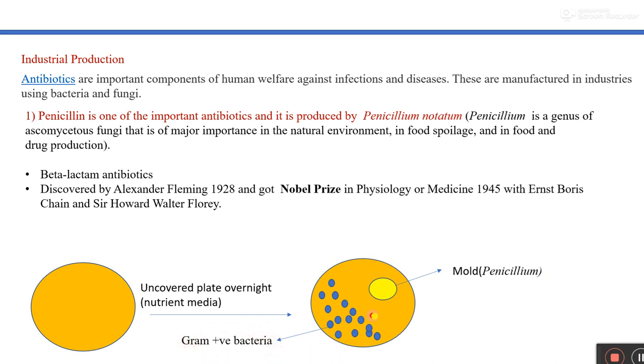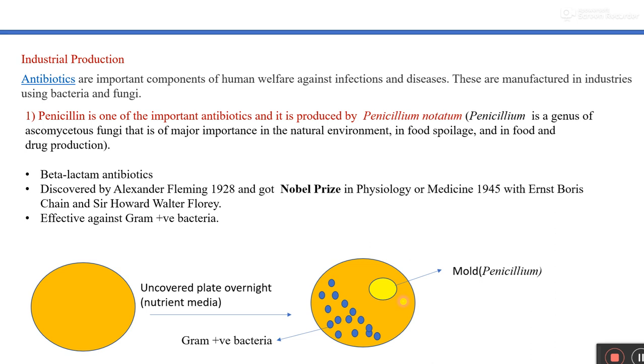And that's why at the initial stage of his experiment he didn't get any colony of gram positive bacteria around this mold. So in this way an antibiotic known as penicillin was discovered.